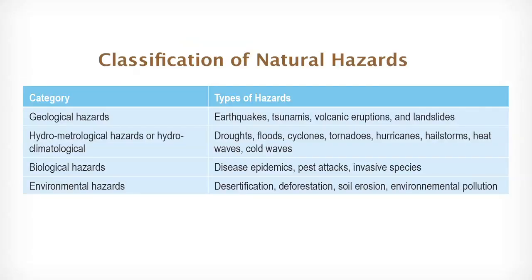There are different classifications of disasters based on origin, based on nature of onset. Based on origin, it's classified as natural and man-made. Based on nature of onset, it's classified as rapid onset, slow onset disasters, etc. But according to UNISDR, there is no such thing called a natural disaster, but only natural hazards.